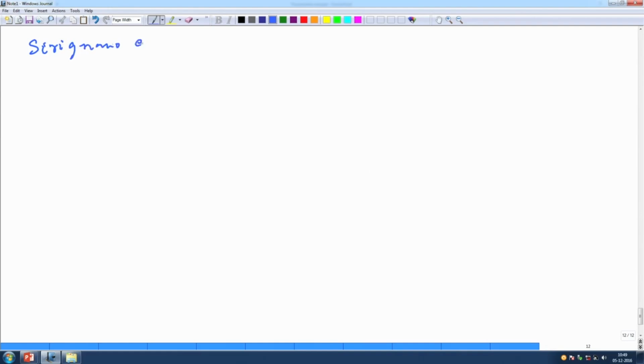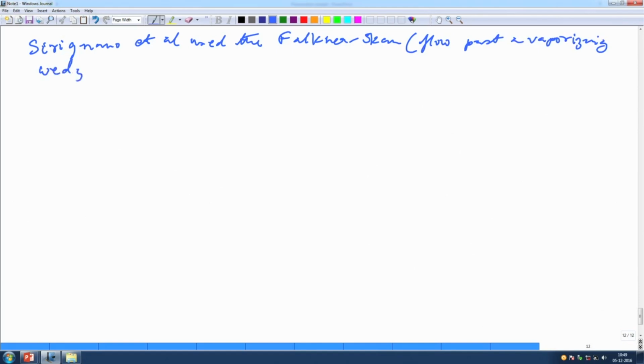As I said, Sirignano et al. used the Falkner-Skan type of solution, which, let me reiterate, is flow past a vaporizing wedge. So it is a laminar boundary layer that is formed.